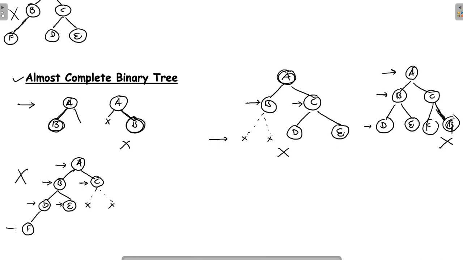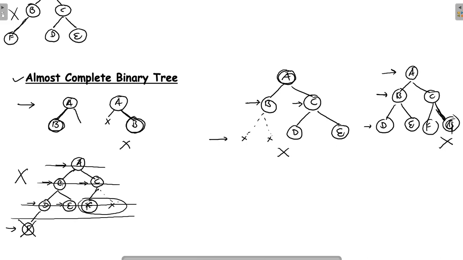Then only it can go to the next level. So which is not followed, the level is not completely filled. That's why it is not an almost complete binary tree. Okay, so level wise it should fill all the required nodes from left to right. Suppose C were having the node F and the right children is missing. Okay, then we can call it an almost complete binary tree.